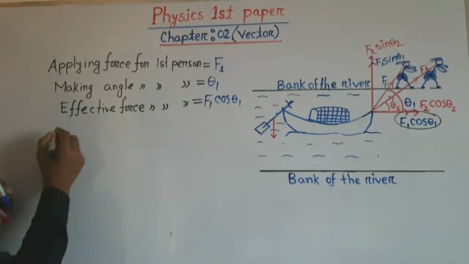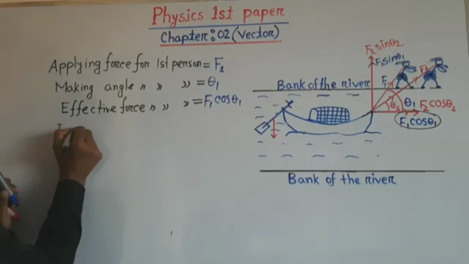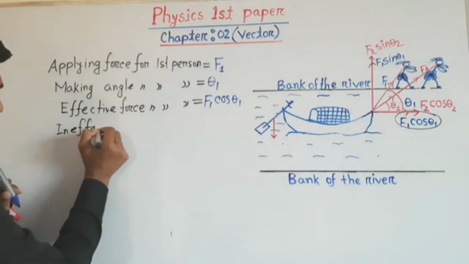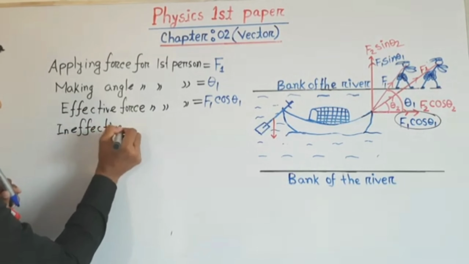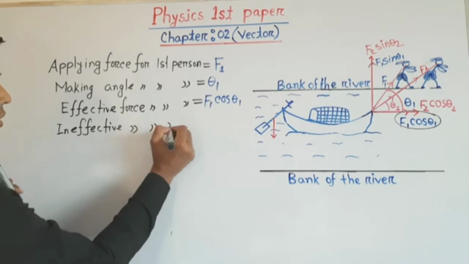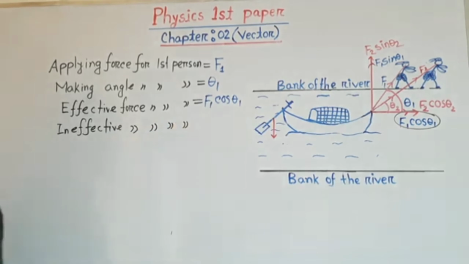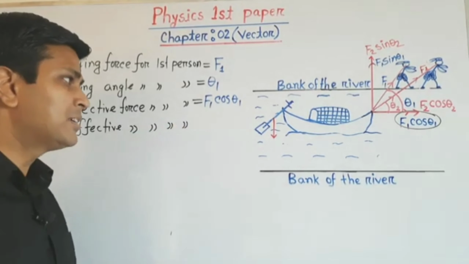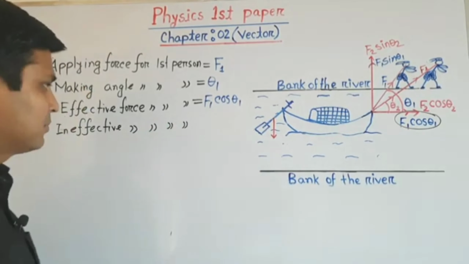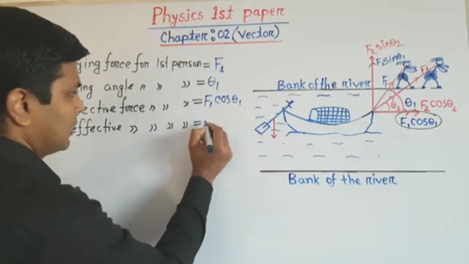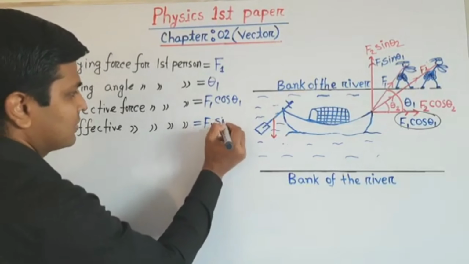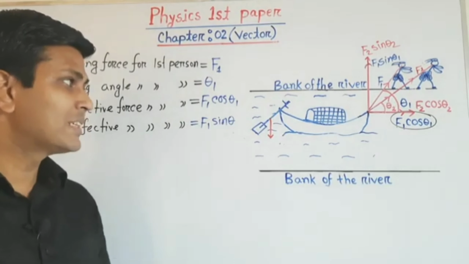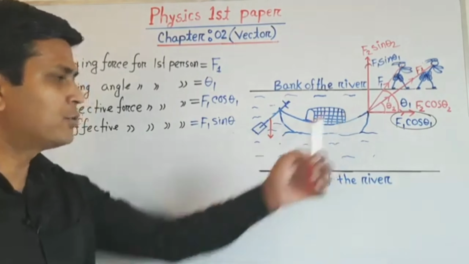Now the force for the first person that will be neglected by the rudder is F1 sin theta 1.